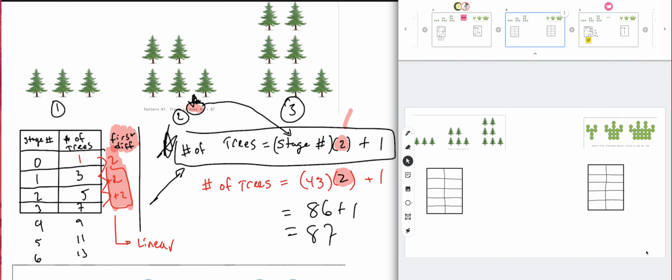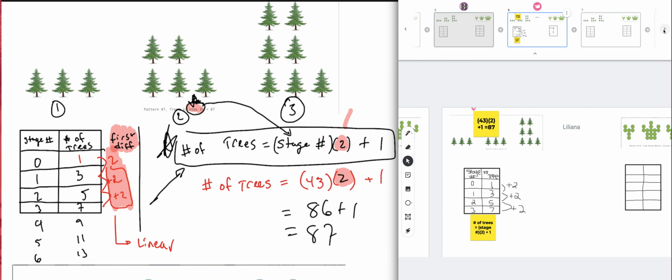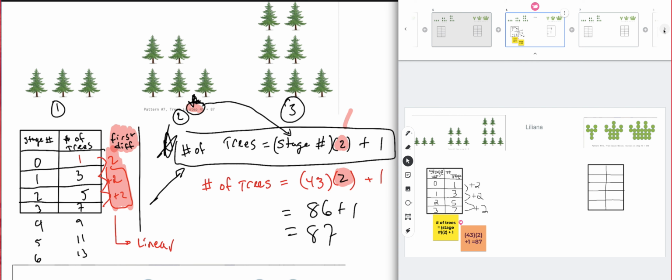Does anybody have any questions before I do the next one? Because if I just flip through here, that's my way of testing whether or not you guys know what's going on. And if I ask you how many trees in stage 111, for instance, or whatever number I decide to make up, it's not going to be 10 or something that you can just go plus, plus, plus.